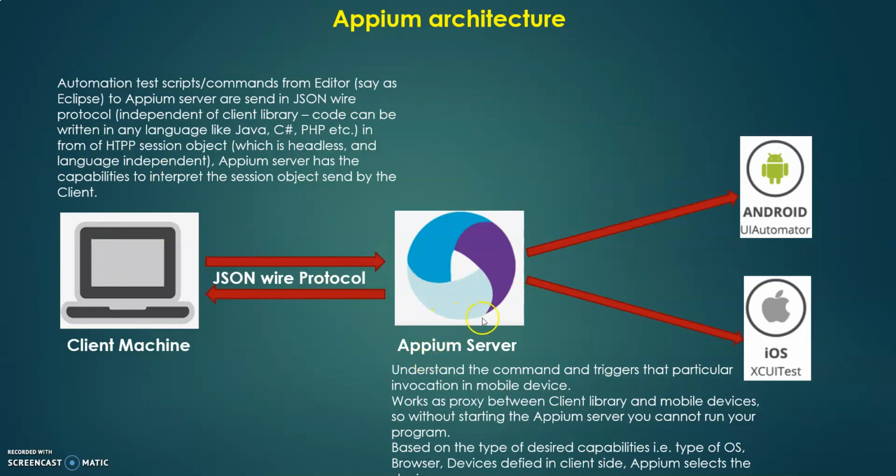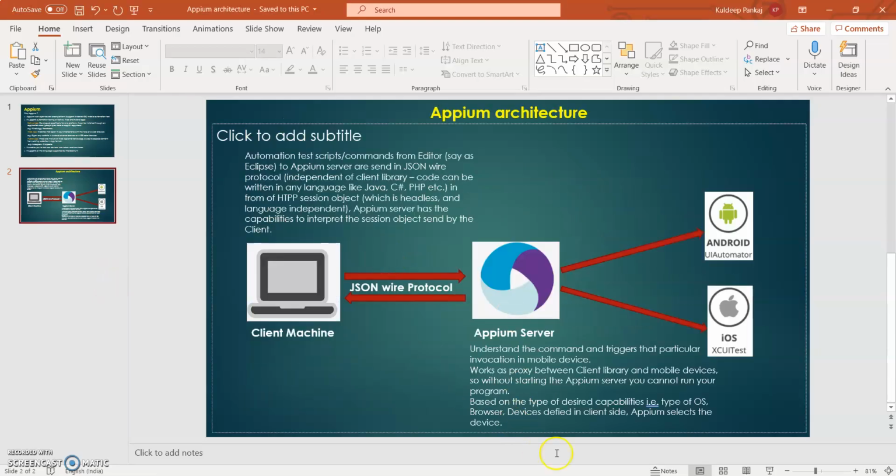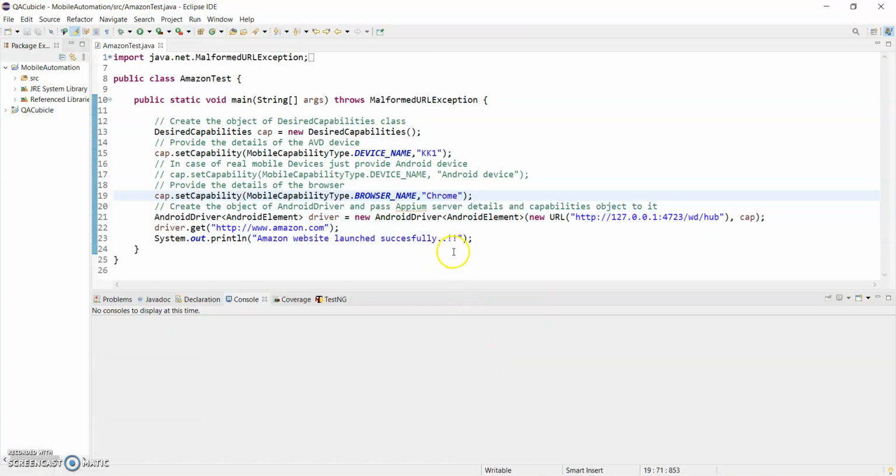The Appium server decides to which device it needs to direct the request, and takes the decision accordingly. Once the request is fulfilled, actions get performed on these devices, and on the Appium server side we get the response as well. In case there are any failures, we see the results in the form of an exception on the client machine.